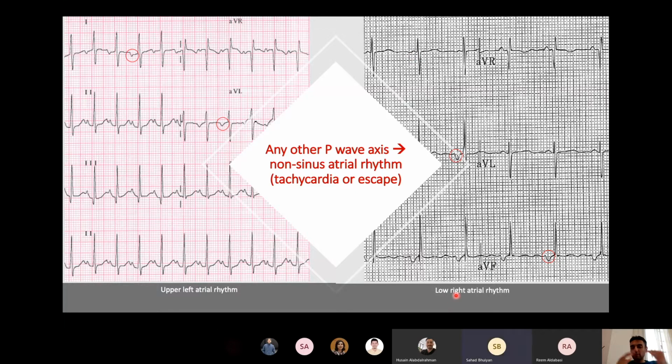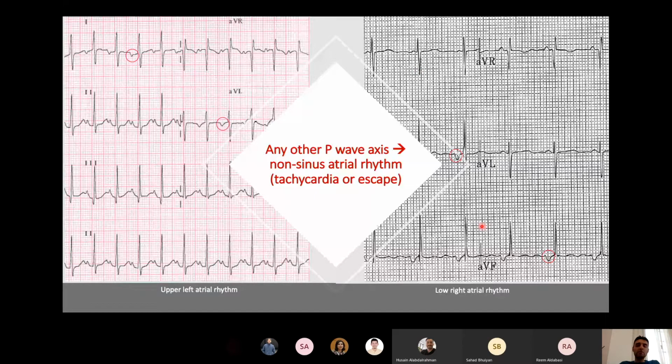It is an advanced question, so I don't expect you to know the answer, but it's low right, because it's low since P waves are negative in the inferior leads, so it's going away from the inferior leads, and right because the P wave is positive in lead 1, which means it's going towards the left side. Okay, makes sense. So this is called an atrial escape rhythm. This is typically in a patient with sinus node disease. You get atrial pacemakers that take over.